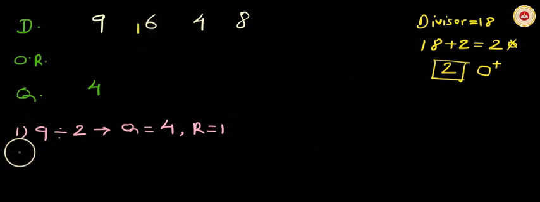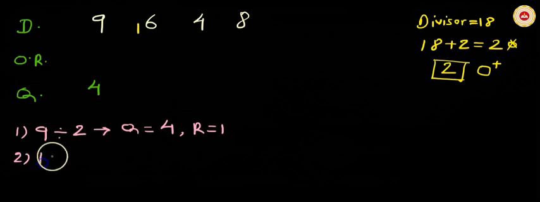Now step number 2. Let us calculate the osculation result. First osculation number, so 16. You cannot divide this 16 directly by 2. For that you have to calculate the osculation result, and you can divide that osculation number by this 2. How to calculate the osculation number?